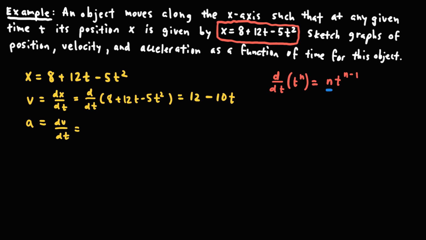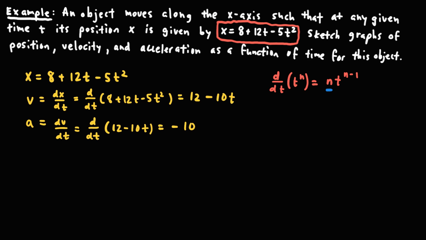Next, I can write that the acceleration is d dt of the velocity function, and the velocity function is what I just found, 12 minus 10t. And I still only need to know that derivative rule that we just talked about. The derivative of the constant is going to be nothing, it goes away. And the derivative of minus 10t is just minus 10.